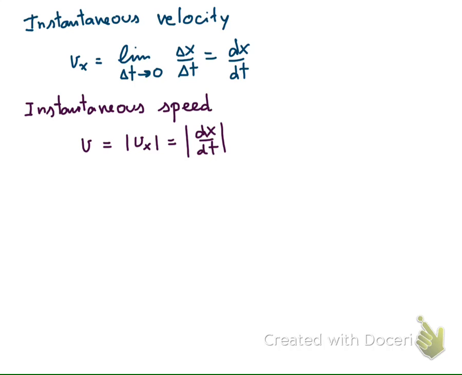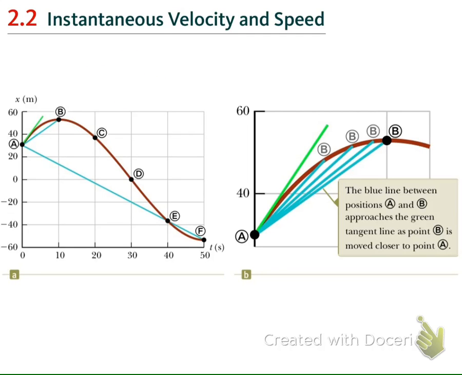Now, let's see the graphical representation of the instantaneous velocity. And of course, once we know the instantaneous velocity, we know the instantaneous speed also. Let's see this graph. On the left, it represents the position as a function of time.